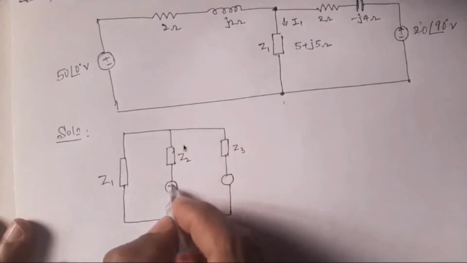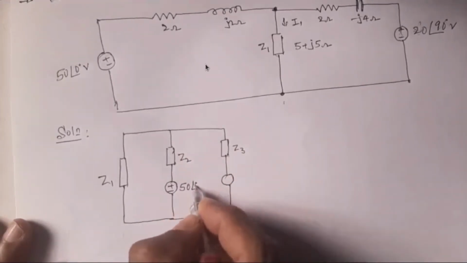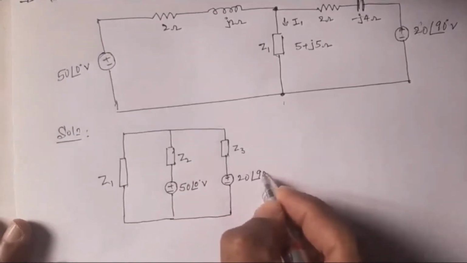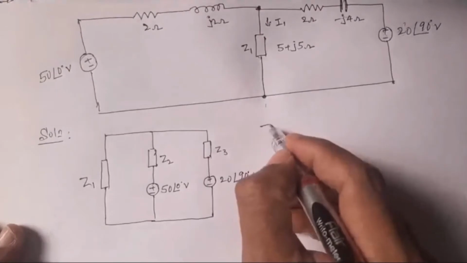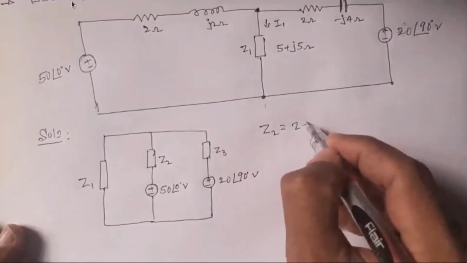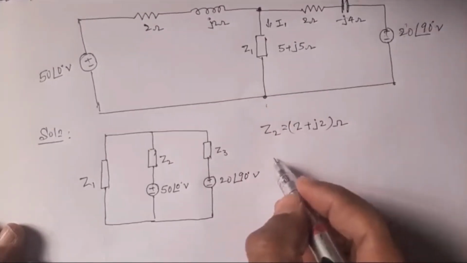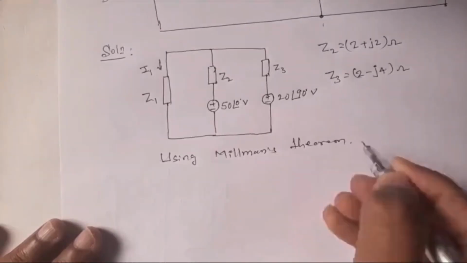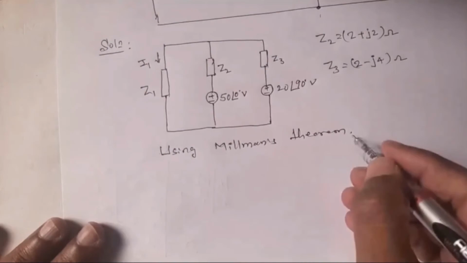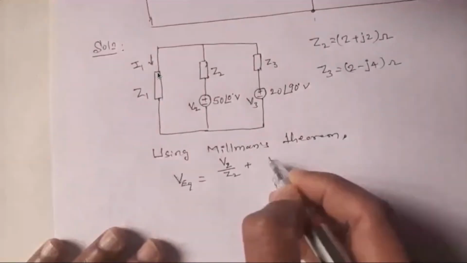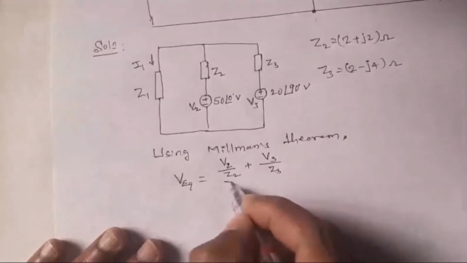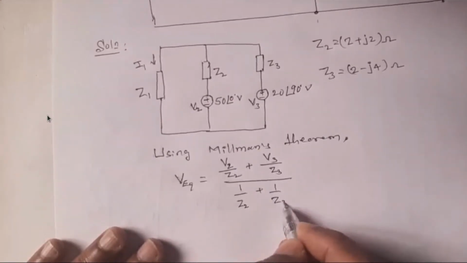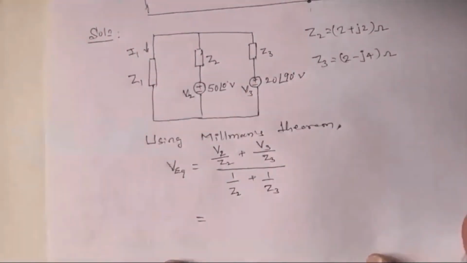This is plus and minus 50 angle 0 degree volts, and this is plus and minus 20 angle 90 degree volts. And what about Z2? Z2 is this 2 plus j2 ohm. And what is Z3? Z3 is 2 minus j4 ohm. Using Millman's theorem, we can write V3 by Z3 divided by 1 by Z2 plus 1 by Z3, which is equal to, say V2 is how much?